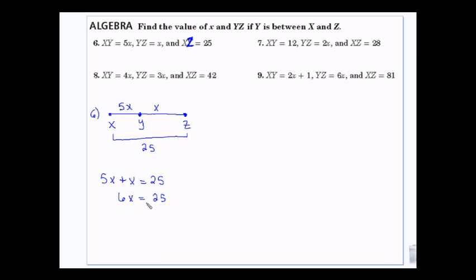So 6x is going to be 25. So I'm going to divide by 6. And I'm going to get x is a decimal. I'm just being lazy, to be honest with you.